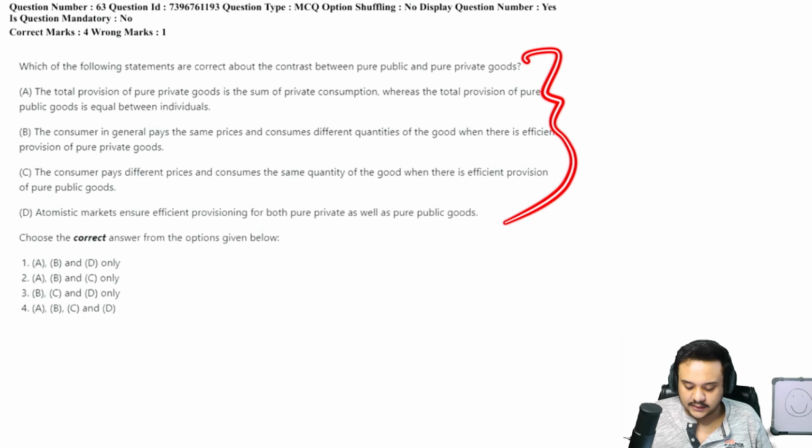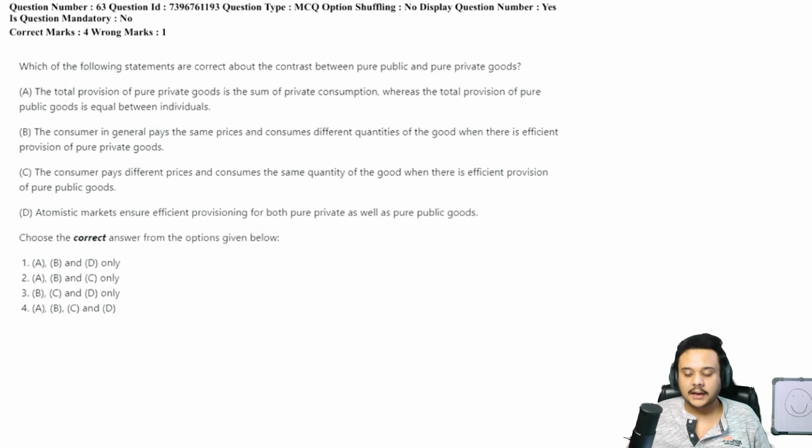Then look at the next one. If you read this question properly, you'll realize that even though they do not ask numericals, they just ask theory parts, your conceptual clarity has to be on such a level that you also understand the numericals. For example, if you just read the third statement alone, you'll understand that you have to know the Samuelson property.